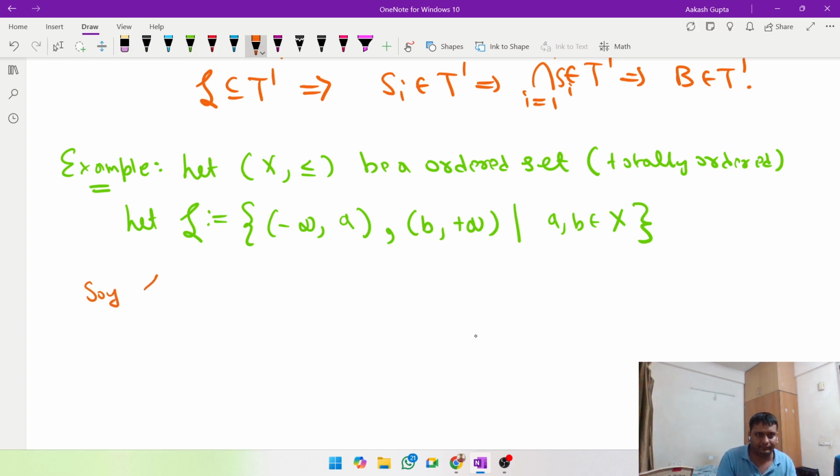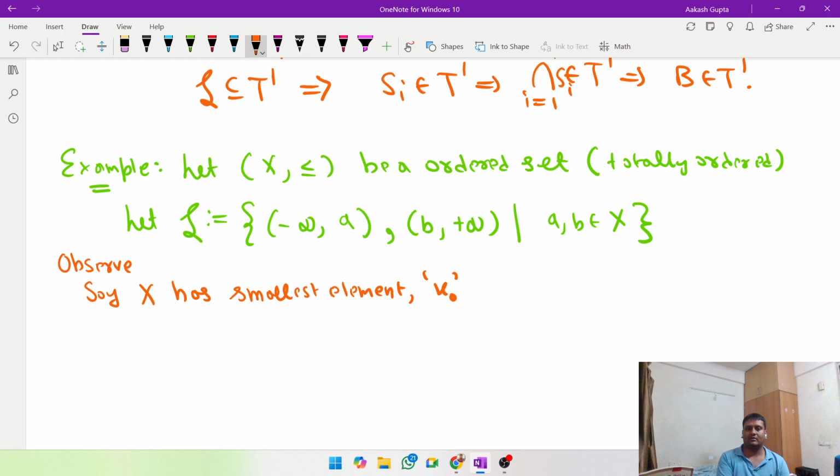Say X has a smallest element, some x naught.